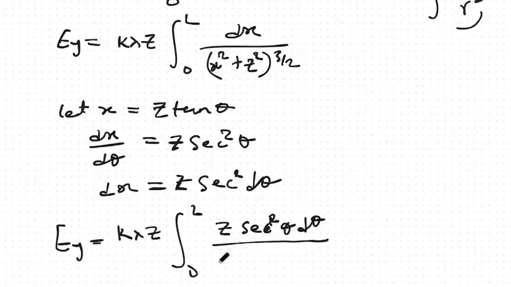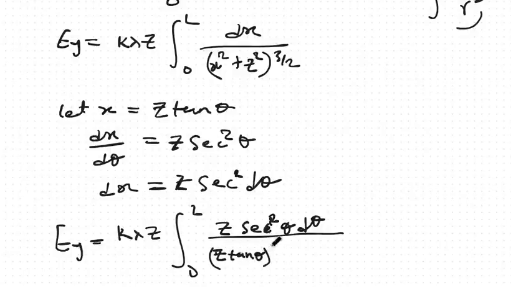z squared, or let me put it this way, divided by z tan theta squared plus z squared to the power 3 divided by 2.